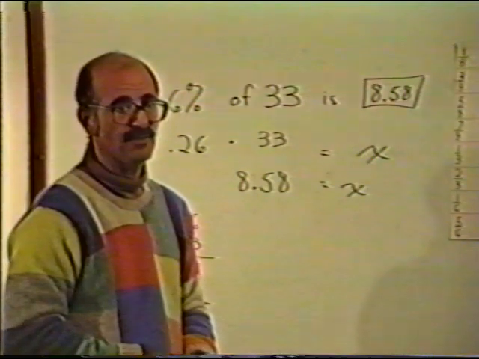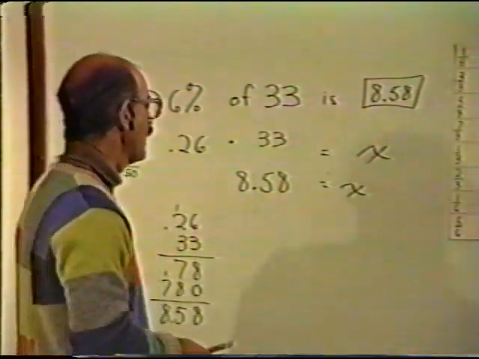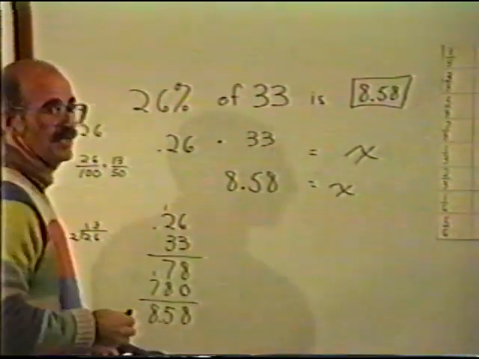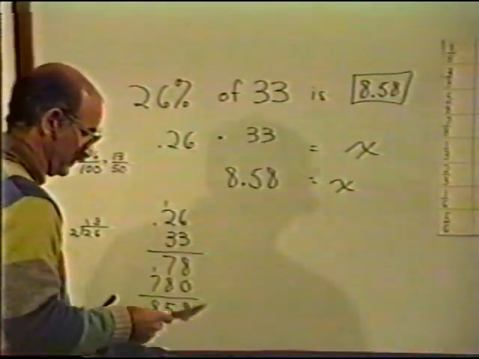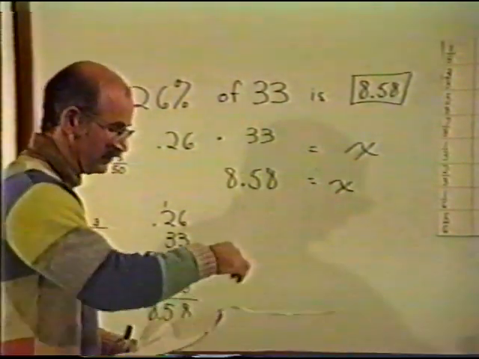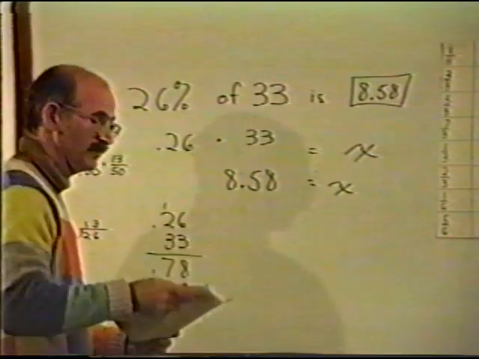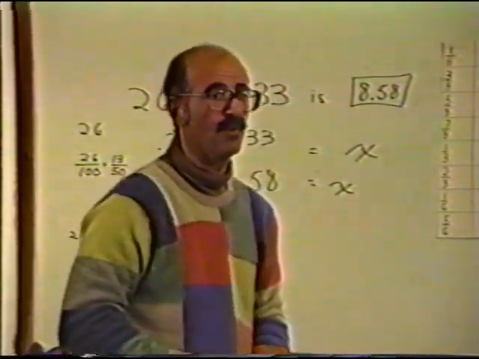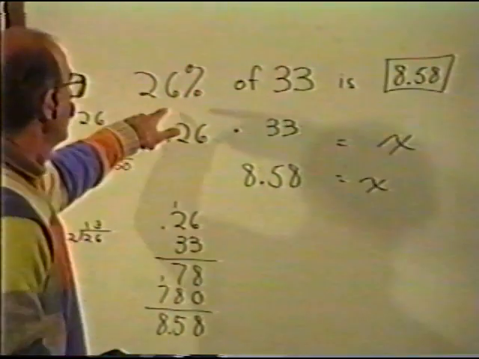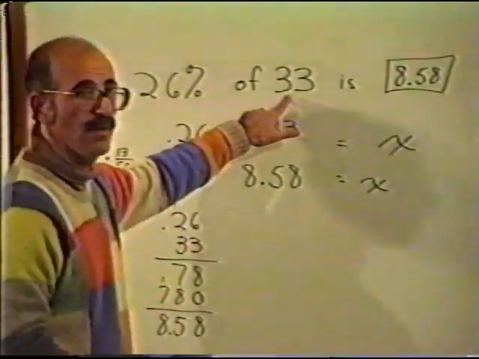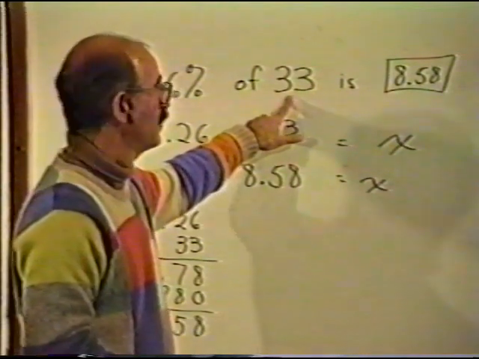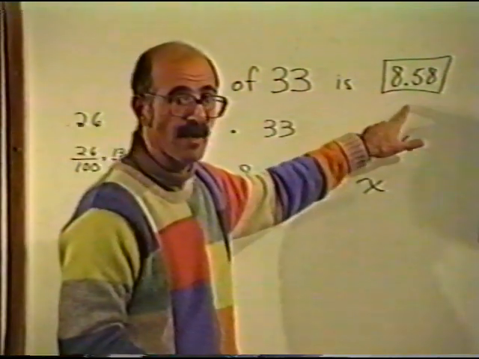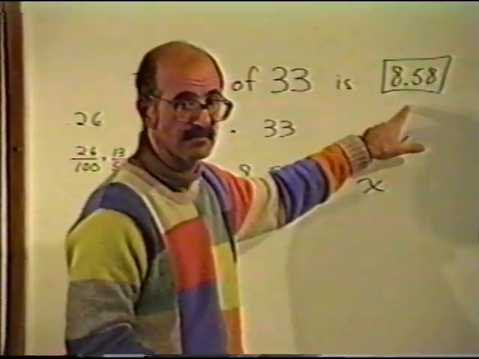So when you have to use the decimal way, you can expect an answer something like that. So those are the type 1 problems, where you know the percent, you know the whole thing, and you need to find the part of the whole.